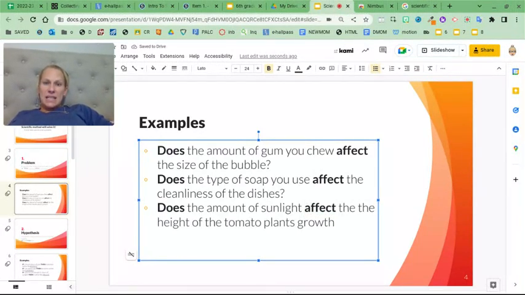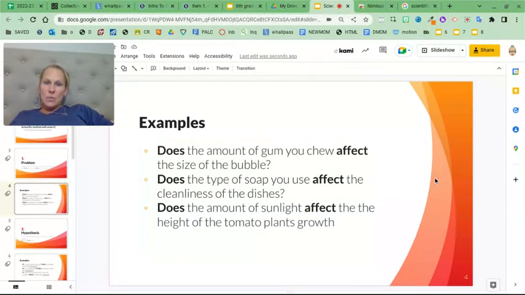Does the amount of sunlight affect the height of your tomato plant? So all of these are worded in that correct format. Does something affect something else? Does the speed at which you drive your car affect how many tickets you get?